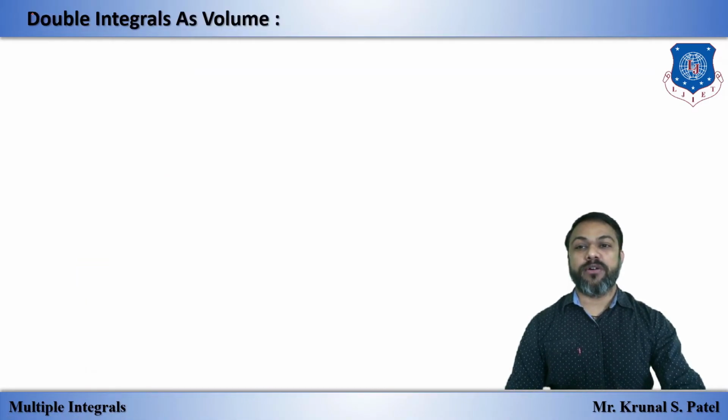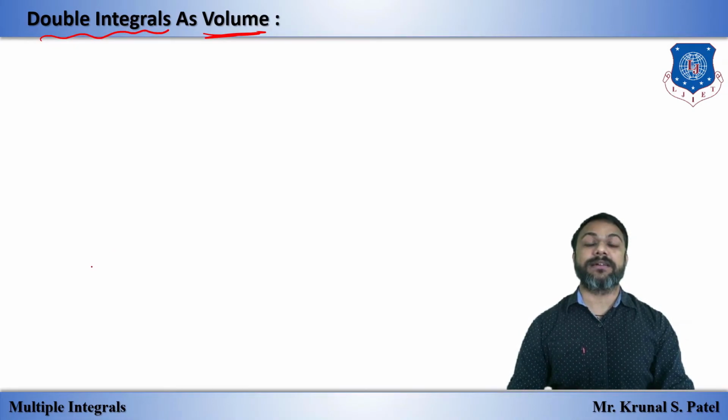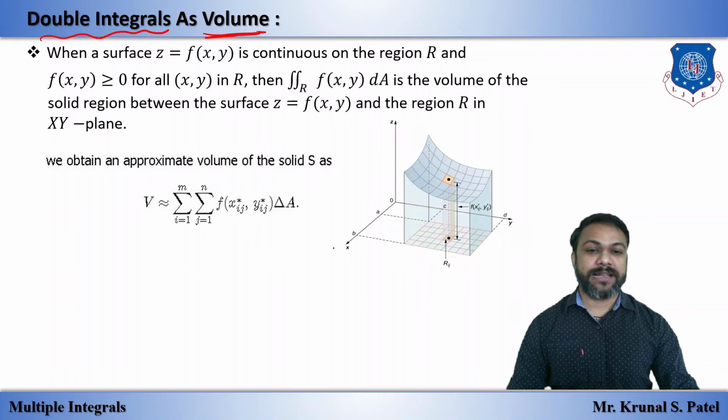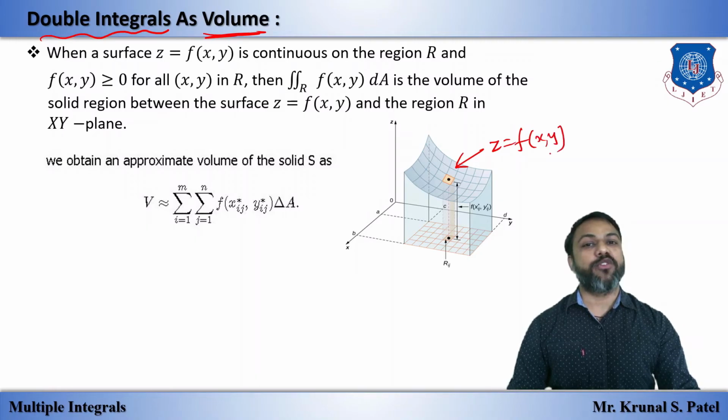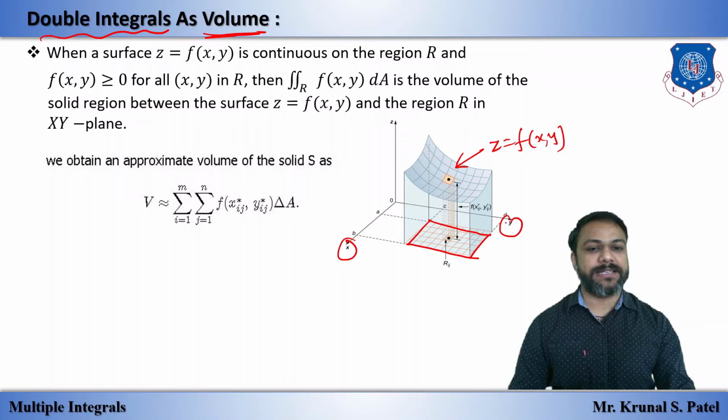Now we have the volume. We have volume by double integral. This concept we already saw in the very first lecture. If you have seen this concept, then this graph is our z is equal to f of x, y, and we have the projection R in our xy plane, because of the x axis and y axis.